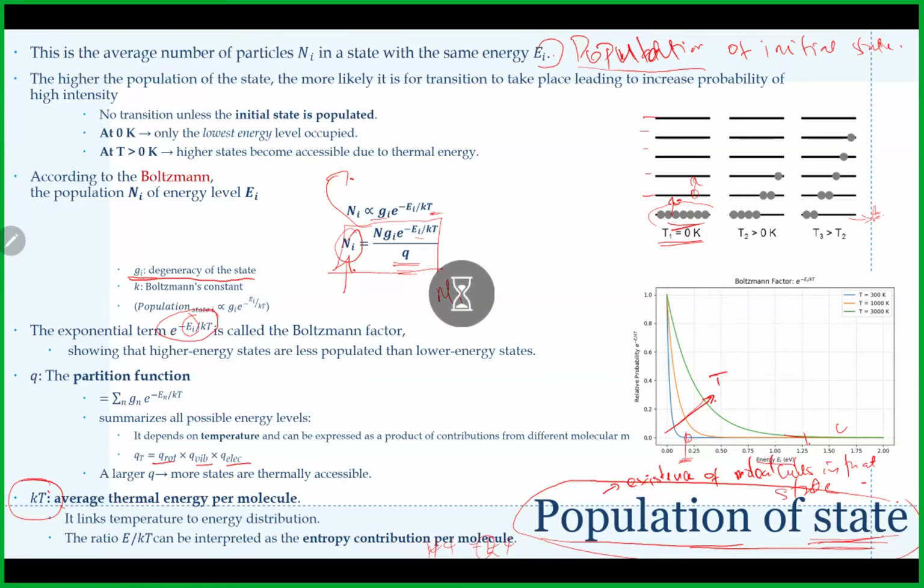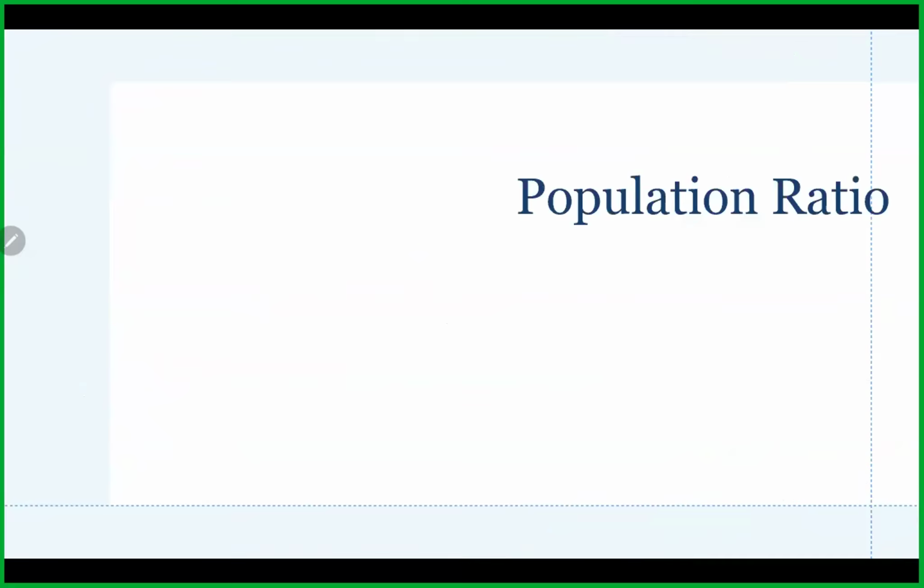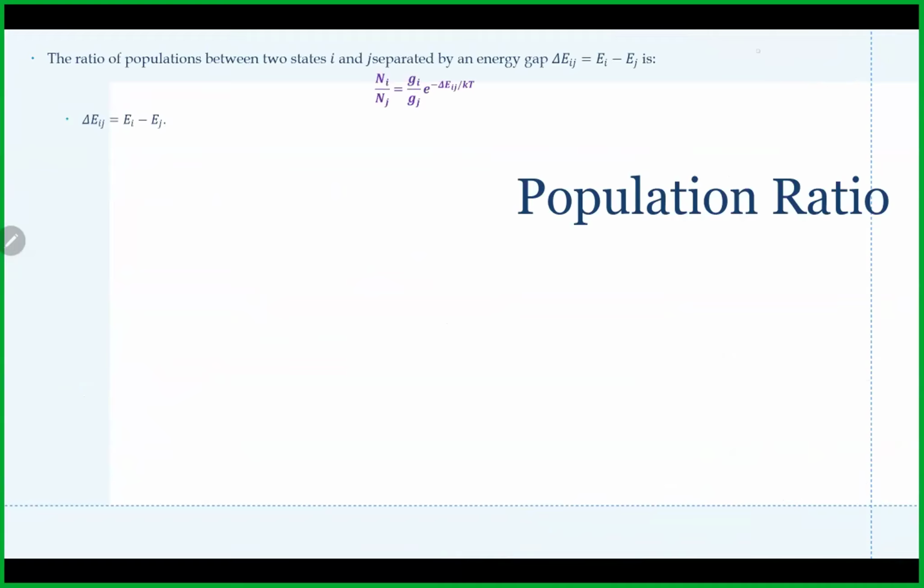This population of states is more useful when we're talking about population ratio. So we said the population of a state is directly proportional to the degeneracy multiplied by the Boltzmann factor, energy of the state over kT.